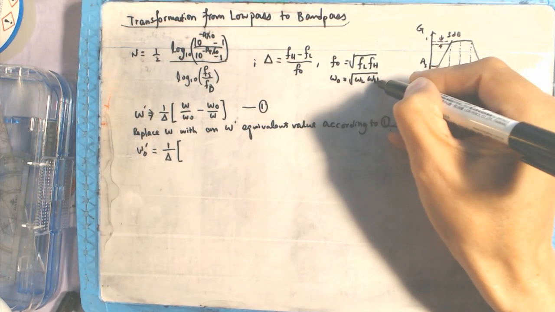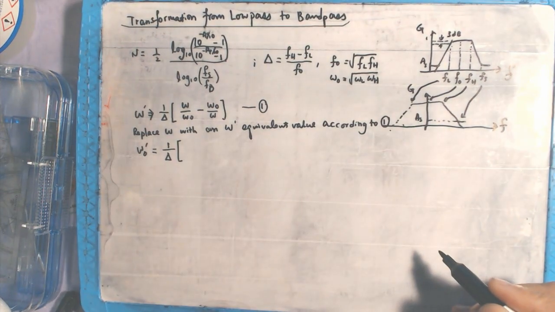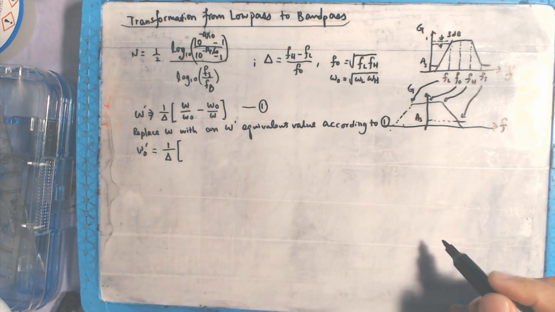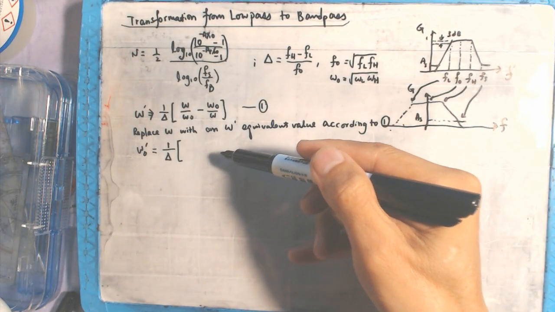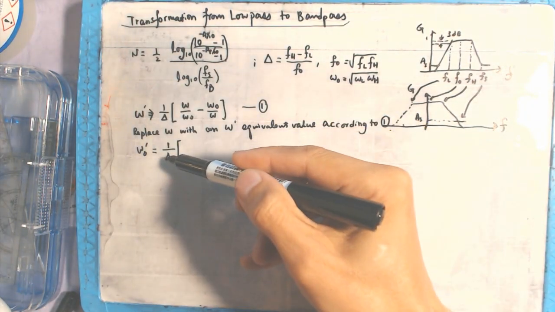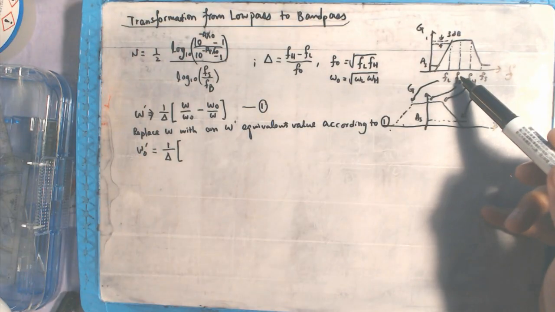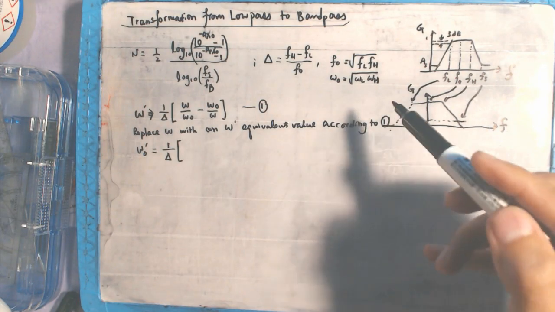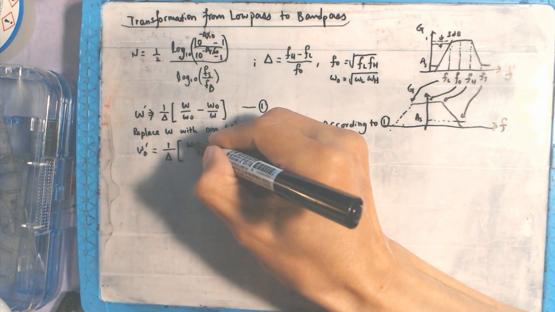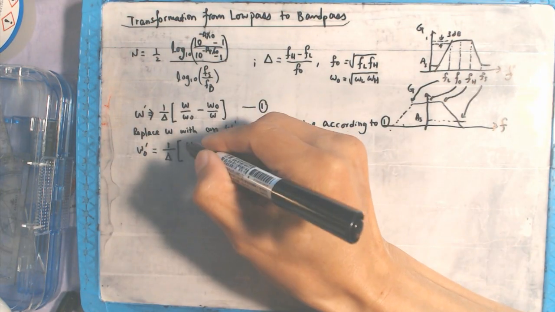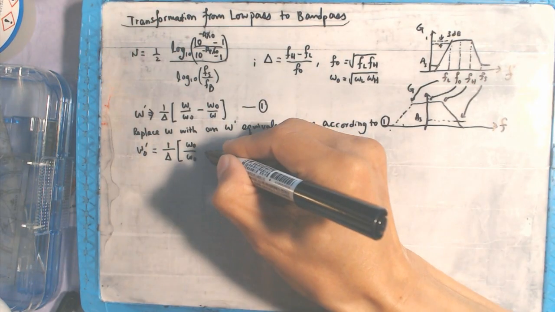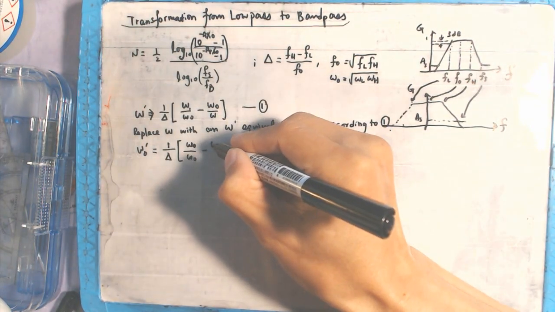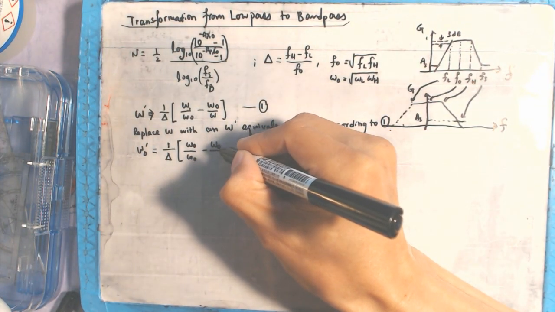to represent frequency. So now going back here, we are trying to find the equivalent in low pass for F naught, and we replace omega with omega naught. So this one becomes this. Replace omega naught divided by omega, and omega here becomes omega naught.